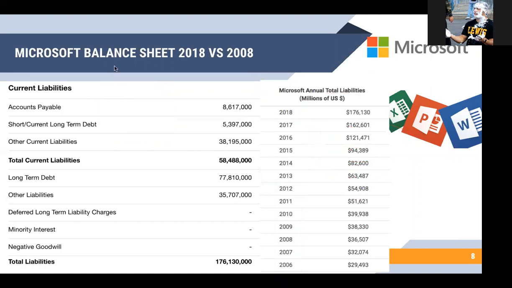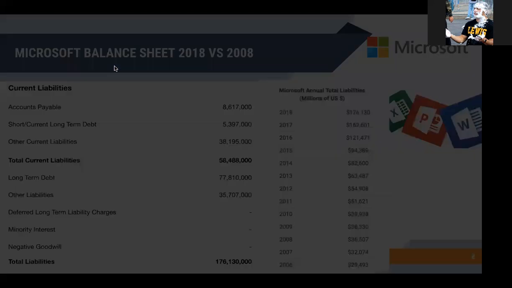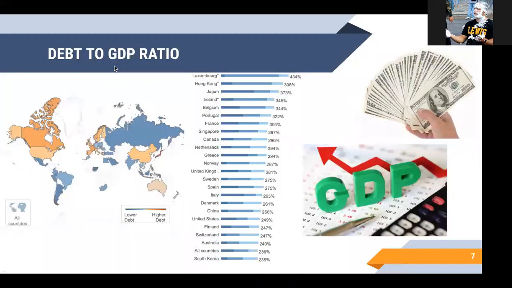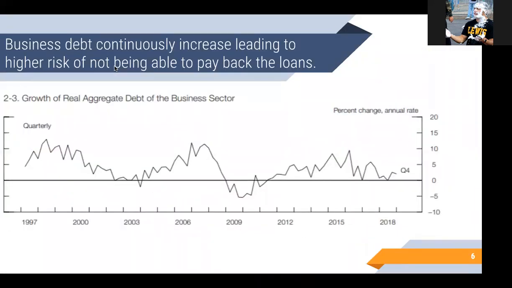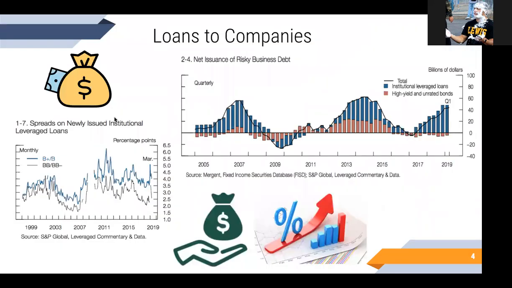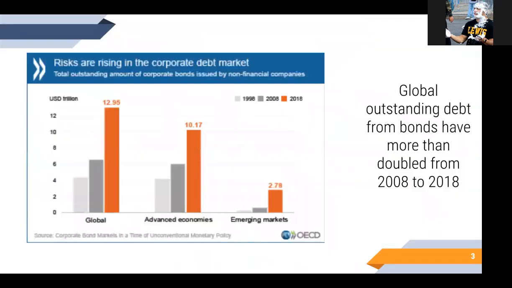Now, this is cool because they went from Microsoft to Microsoft's revenue. But how's the revenue really? Like, how did we go all the way from GDP and then to real debt, percentage change? Then we did credit to GDP. Then we did loans to individual companies.